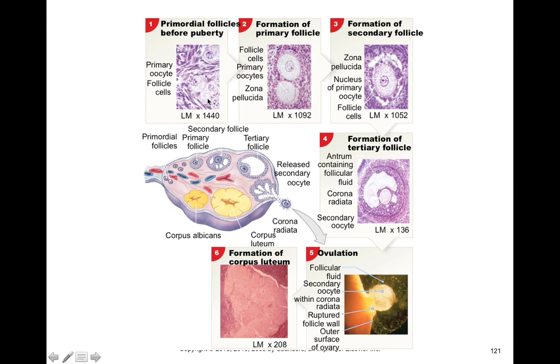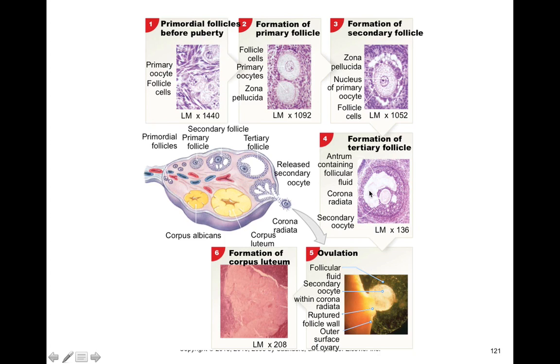Now, due to the stimulation of hormones like follicle-stimulating hormone, some of these primordial follicles are allowed to develop into primary follicles, and then due to the presence of hormones like estrogen, these primary follicles can develop into secondary and tertiary follicles, where the follicles get larger, wider, and thicker, and you also get the development of a fluid-filled antrum. This is why we call the tertiary follicle an antral follicle, also called a vesicular follicle.